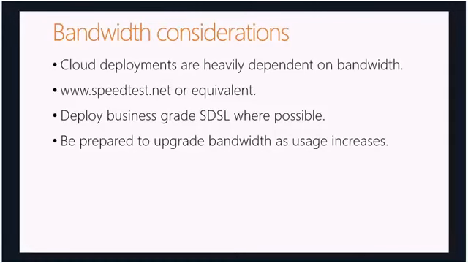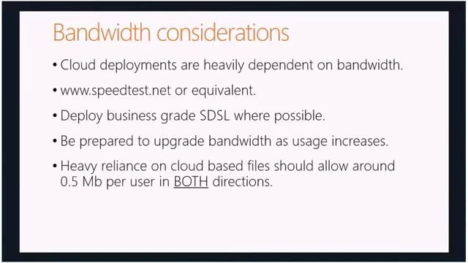So make sure that you not only speak to them about their current broadband requirements, but also put in place a plan to allow that to be upgraded in the future, because the usage of the cloud is only going to increase. This is going to mean more and more usage is required for the broadband connection.